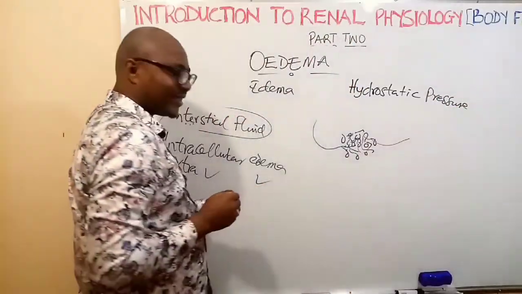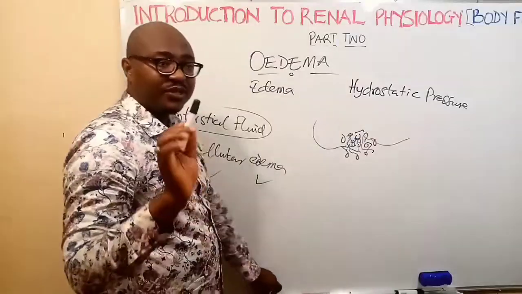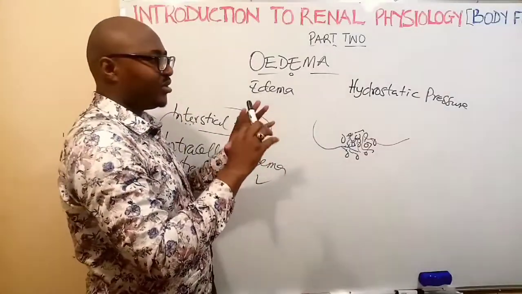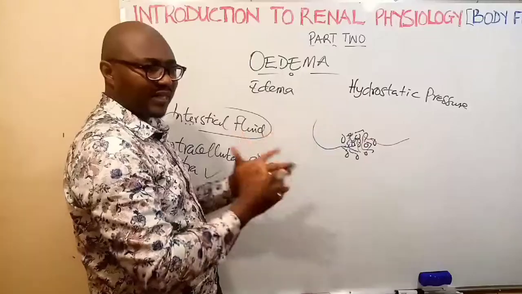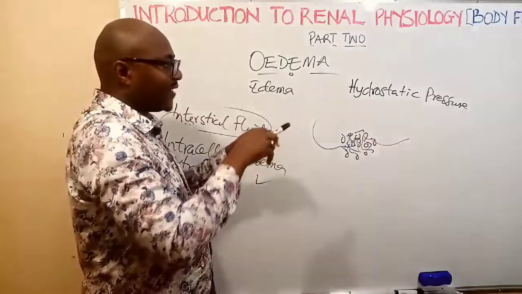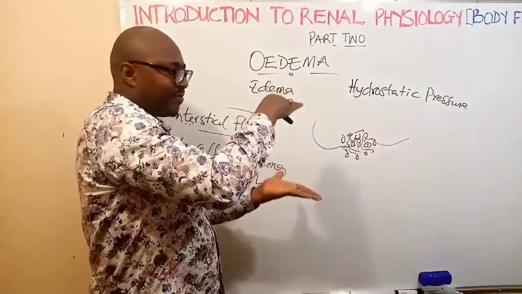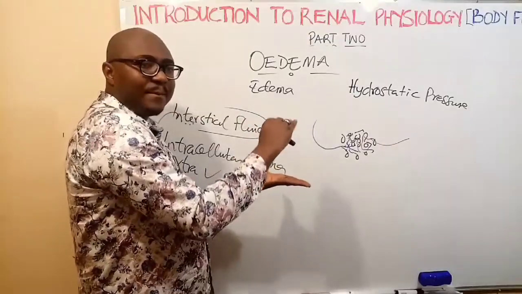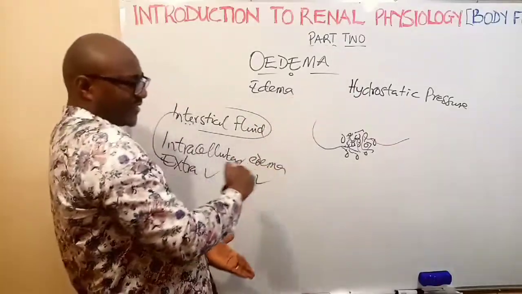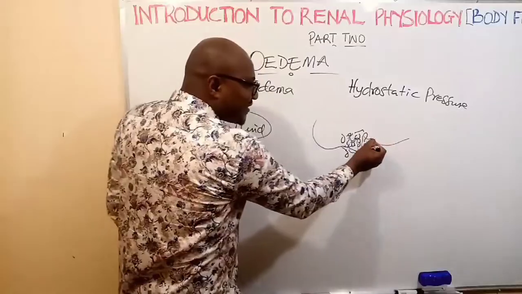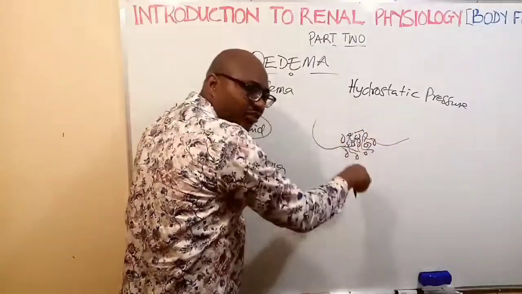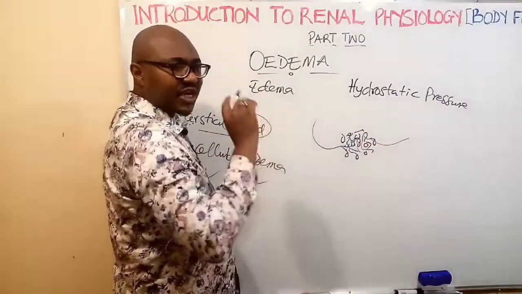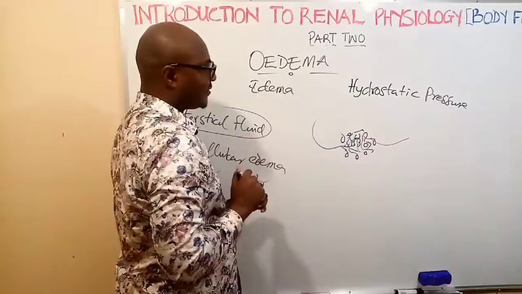So what is hydrostatic pressure? Hydrostatic pressure is just talking about the water, that's the plasma, the fluid there. The pressure it mounts on the blood vessel that forces fluid from inside the capillaries into the interstitial fluid compartment.